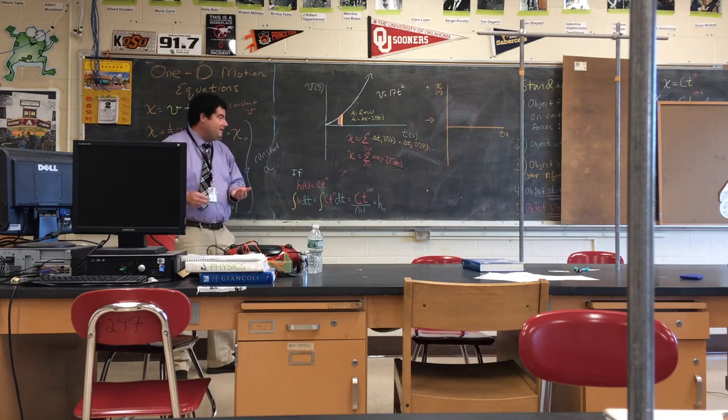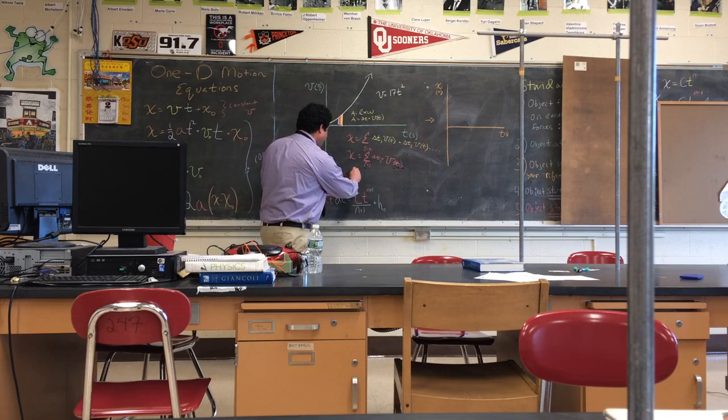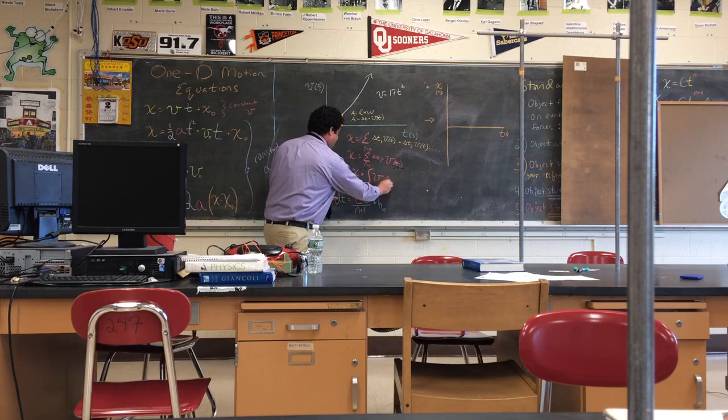Well, we can abbreviate that with this new idea, which is called the integral. We replace the sum symbol with the integral symbol, and we write v, and then we write dt.